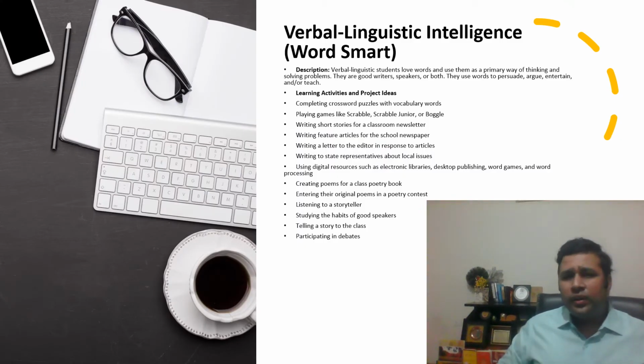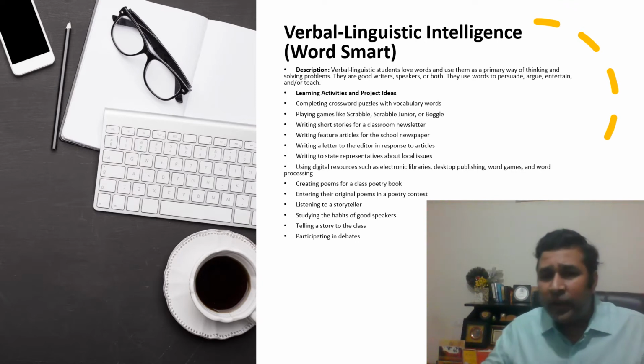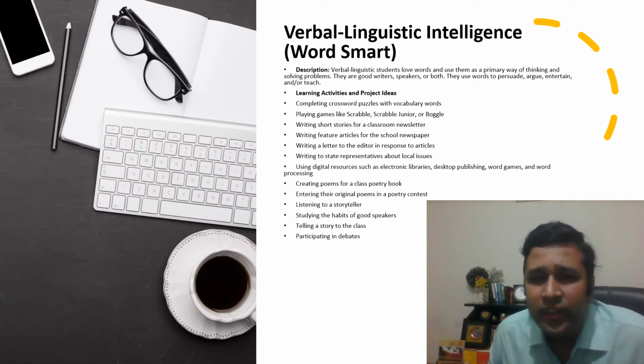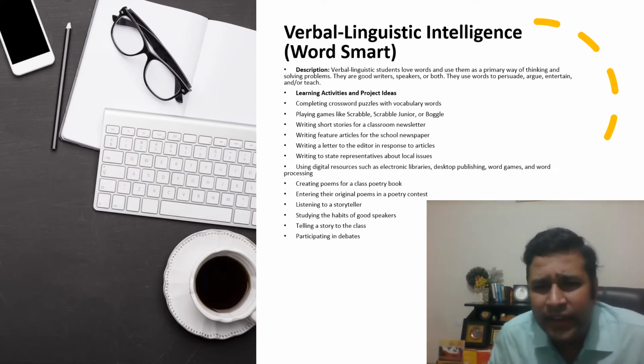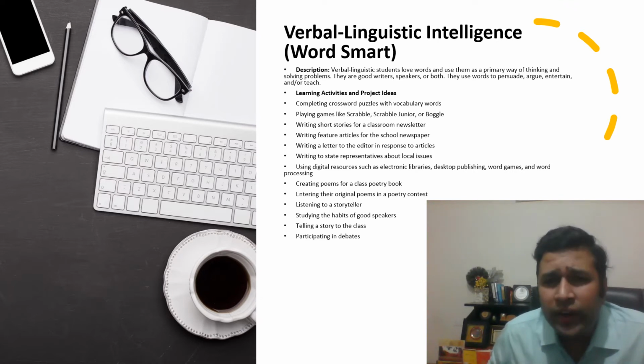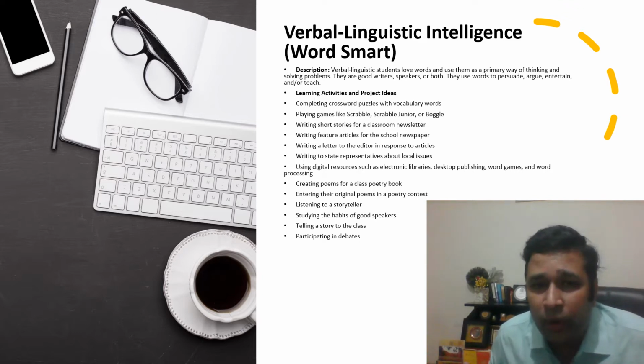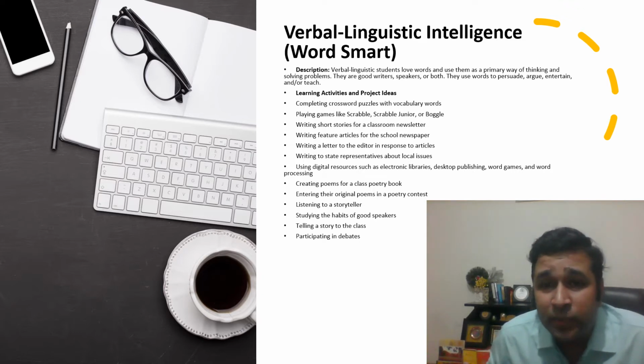Coming to the pedagogy of verbal and linguistic intelligence. Verbal and linguistic intelligence, as we have been talking about, is for students who love words and use them as a primary way of thinking and solving problems. They are good writers, speakers, or both. They use words to persuade, argue, entertain, and to teach.